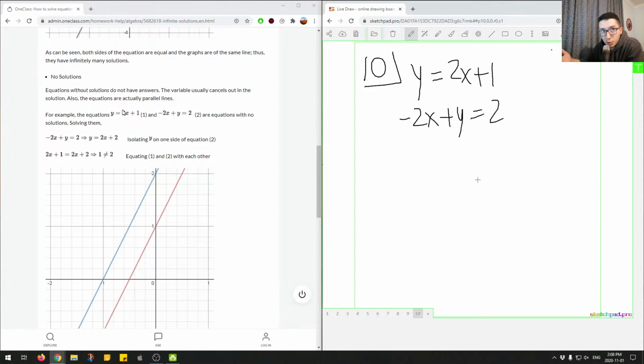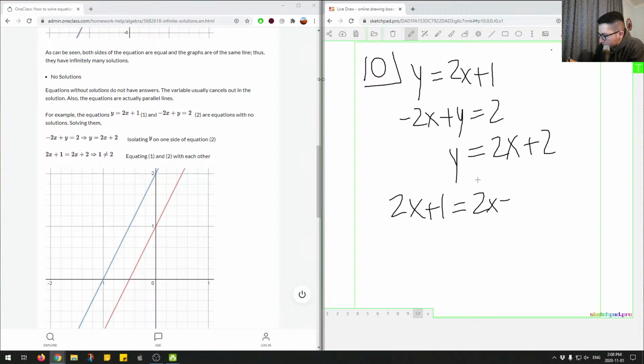First thing you want to do is get it into the format of y equals mx plus b. So we'll move the negative 2x to the other side, and we'll have positive 2x plus 2. Here we just added 2x to both sides of the equation to end up with this. And then we set the two equations equal to one another. So we set 2x plus 1 equals 2x plus 2.